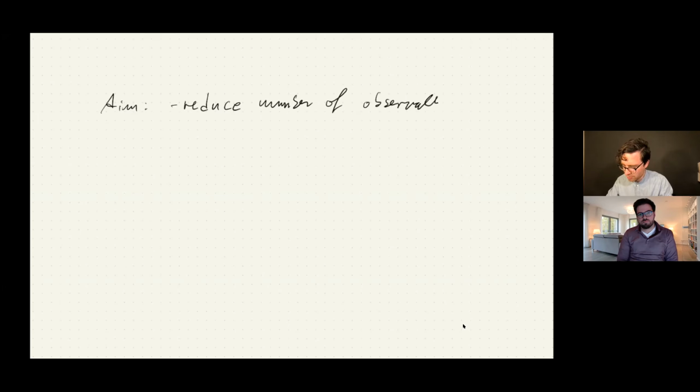So the aim of dimensionality reduction is to reduce the number of observables while keeping relevant information.